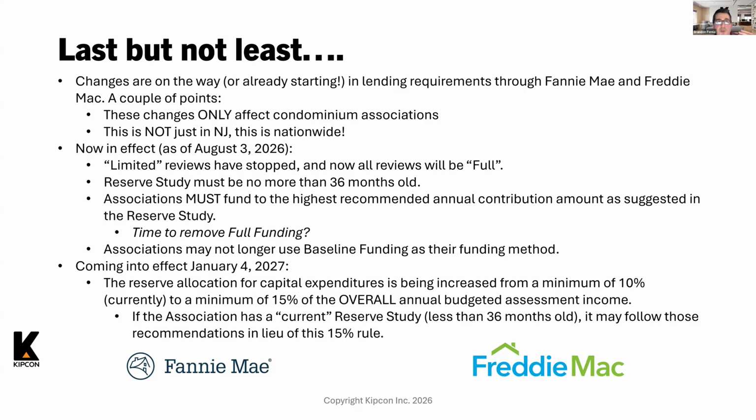If you're following a less than 3-year-old reserve study, you don't have to worry about the 15%. But again, they're making things more stringent, and it's tough for communities for sure. We've gotten some complaints about it, but unfortunately, it is what it is, and all we can do is help our associations get to where they need to be.